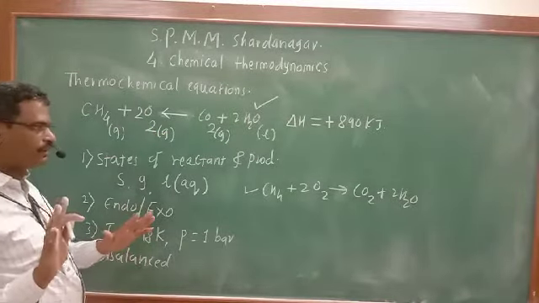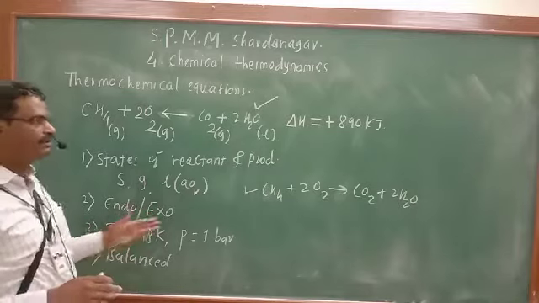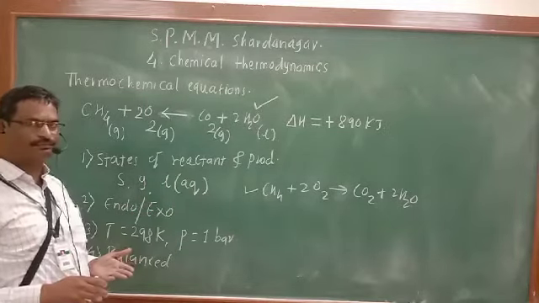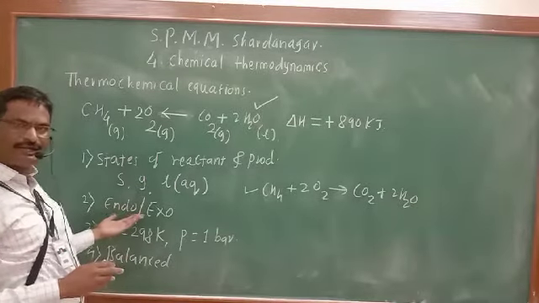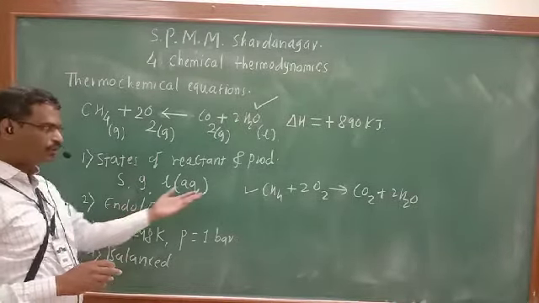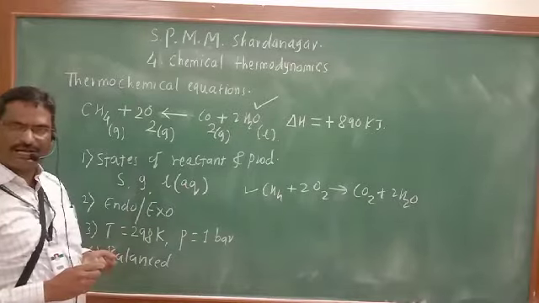So this equation is converted to this type of equation. What changes have we done? We have written the states of reactant and product. Then we have written the value of delta H. The number of moles of reactants and products are also balanced.